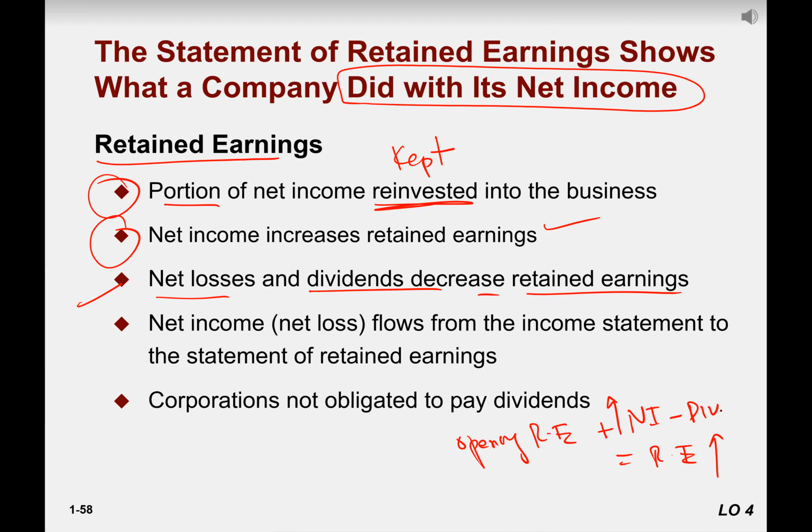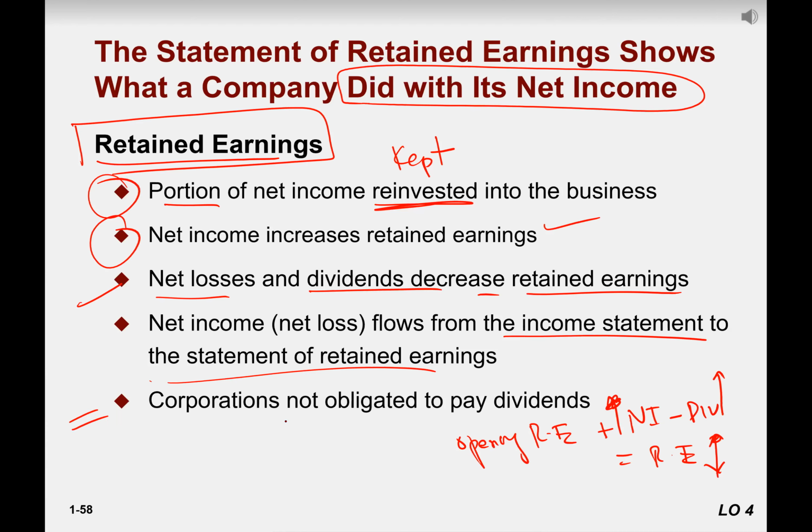If you have a loss or if you distribute more, then your retained earnings would be lower, right? So net income flows from the income statement to retained earnings. So how do you make the retained earnings statement? After making the income statement.